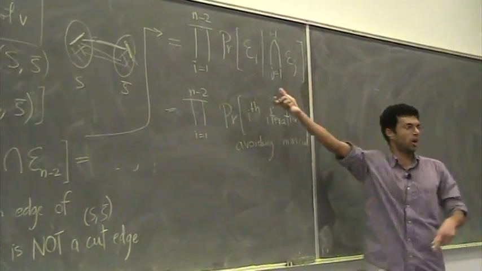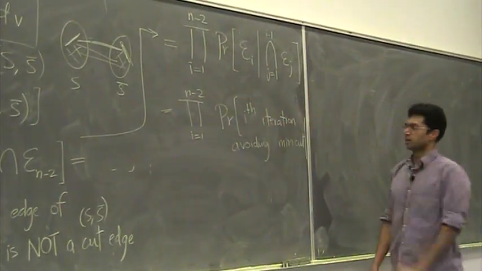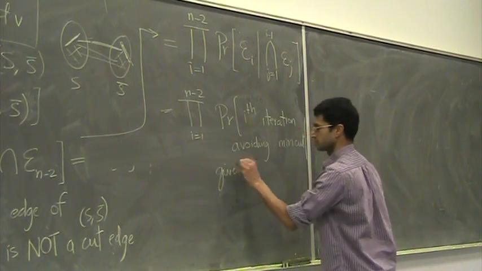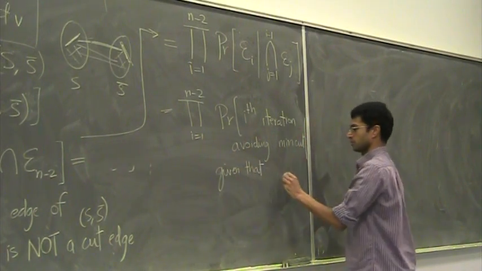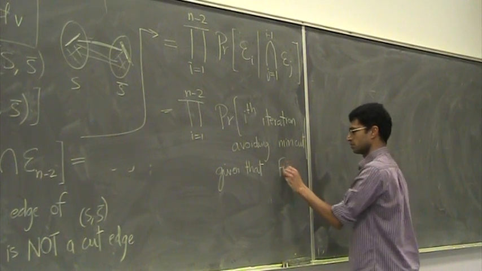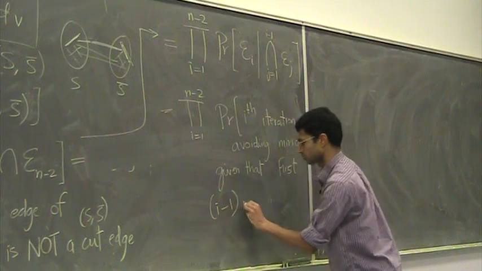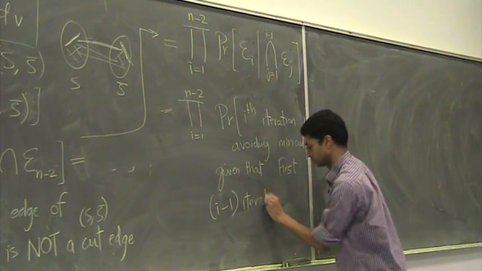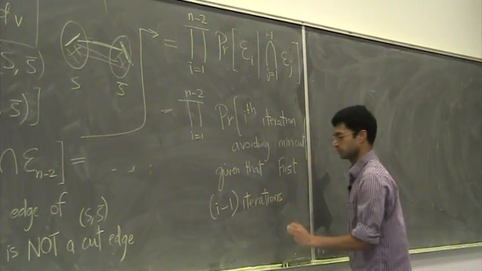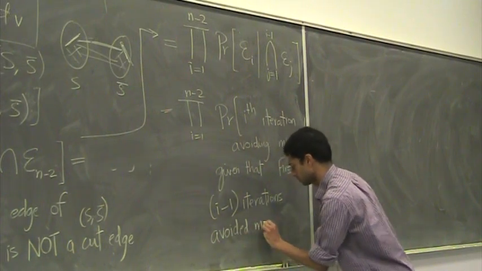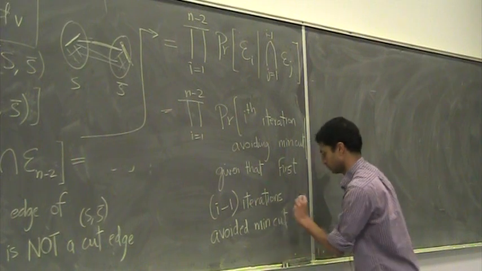The edge that you pick is not from the mincut, conditioned on, given that the first i minus 1 iterations avoided the mincut.